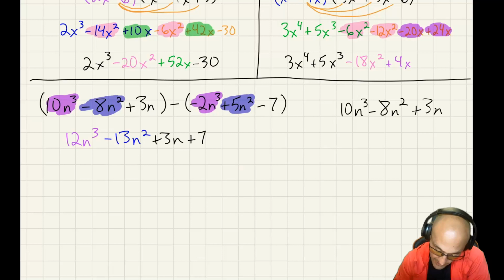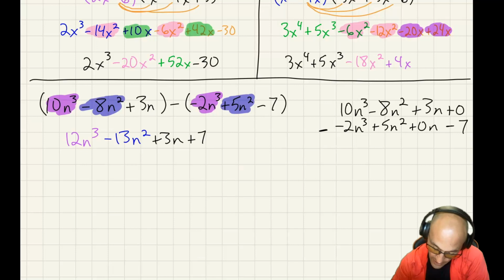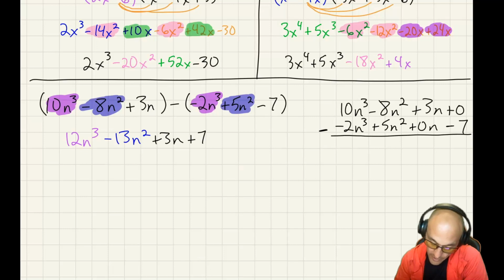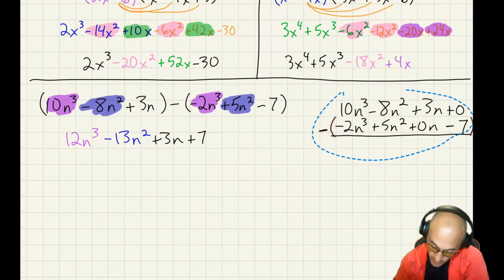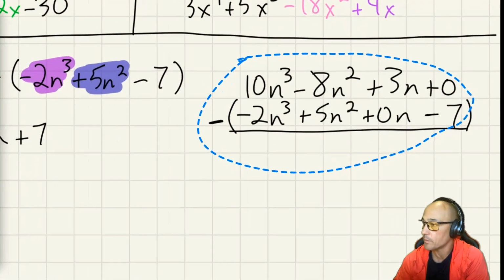And then we're subtracting from that a -2n cubed plus 5n squared minus 7. So I'm going to say plus 0 here and plus 0n there. And so that's one way to maybe keep track of things a little bit more easily. I'm going to put parentheses around this to remind me that we're subtracting all of this here. I'm going to scoot it over just a little because I'm running off the edge.